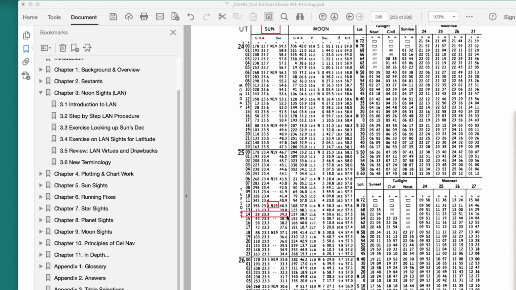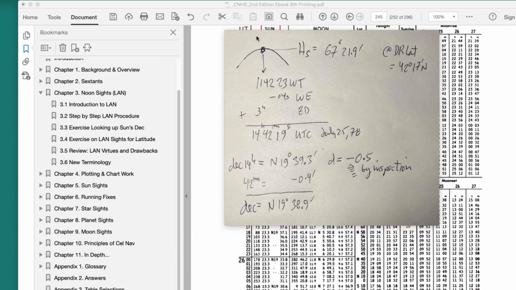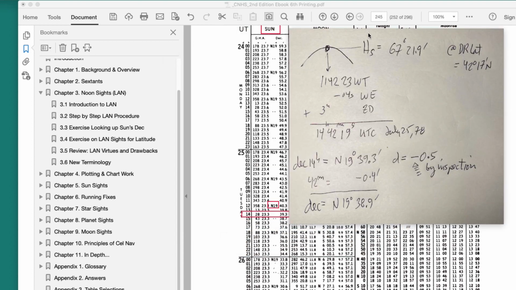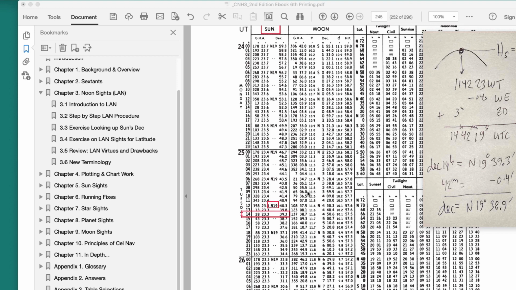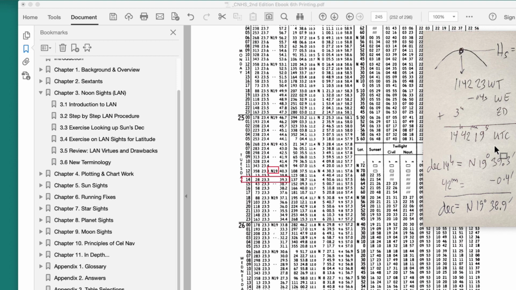The minutes are 39.3. Then I go upstairs to the first one that's written, and that's north, 19 degrees, 39.3. That's the declination of the sun at 14 hours even. So I write that down on a piece of paper. Now I'm going to have to figure out some correction for this 42 minutes.